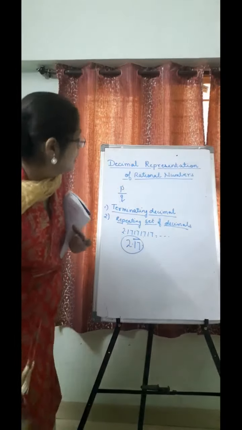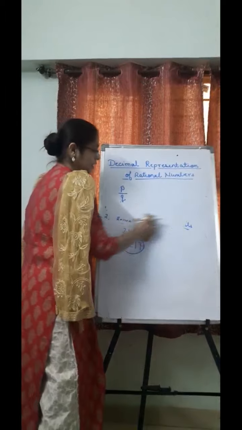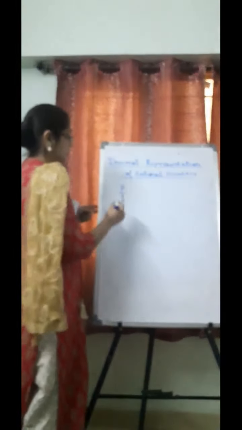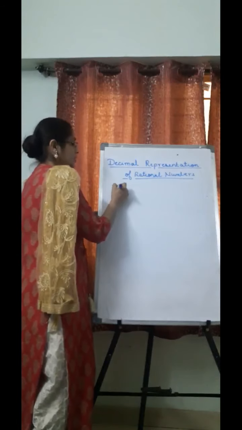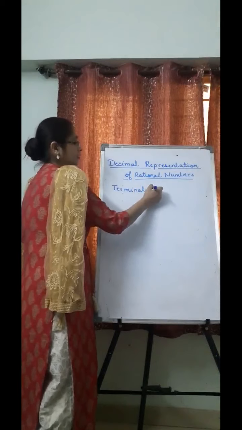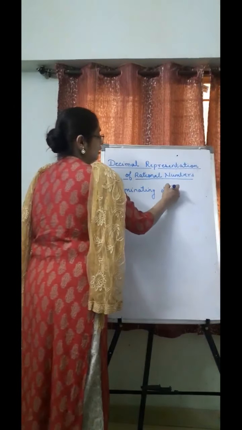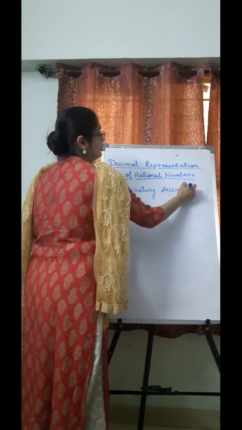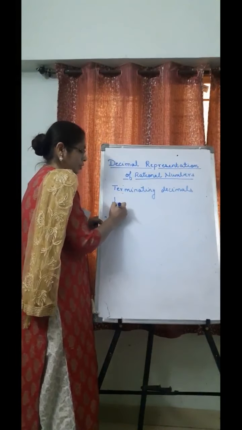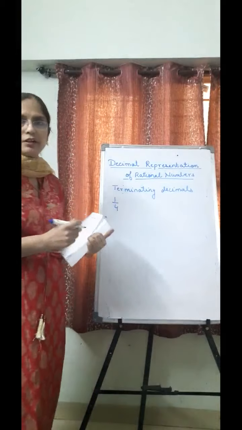Now let us understand what are terminating decimals. Let us take a rational number 1 upon 4. That means 1 is to be divided by 4.